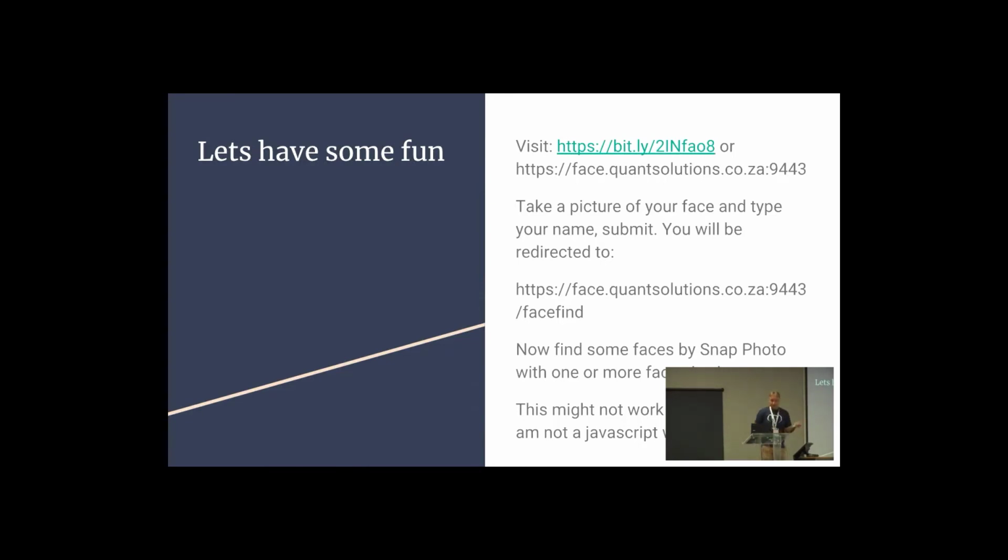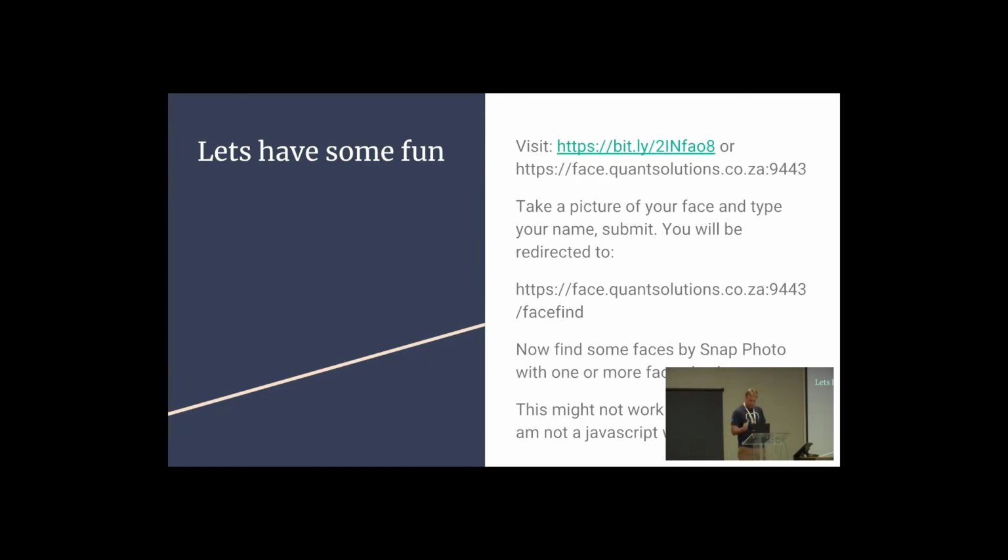And then after that, it redirects you to the second URL, and you'll be able to find faces, and it'll actually draw the name of the face on there. It is actually not built to recognize faces. It'll find the closest face. So it might end up, if you're not in the system, finding someone else. So yeah, it's not perfect, but yeah.